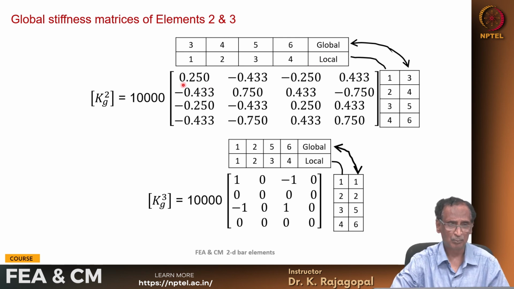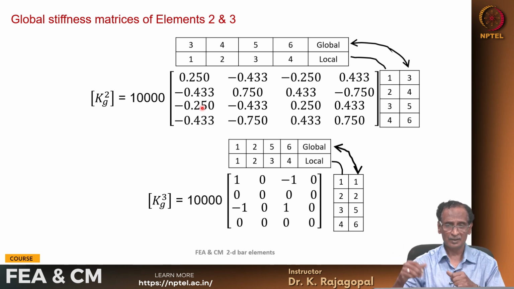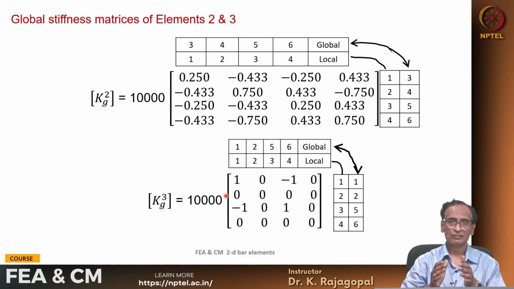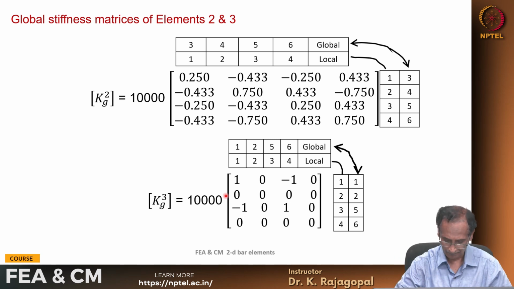So we can directly place the contribution of element 2 in the last 4 rows and last 4 columns, whereas for element 3, we have the local numbers 1, 2, 3, 4, and the corresponding global numbers are 1, 2, 5, and 6. So we place the contribution of this third element in rows 1, 2 and rows 5, 6, and columns 1, 2 and columns 5, 6.